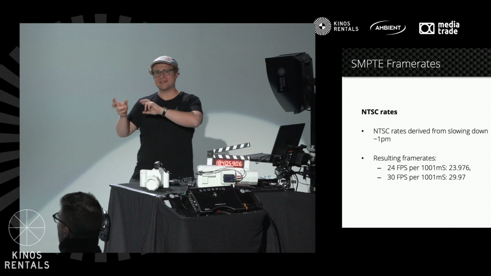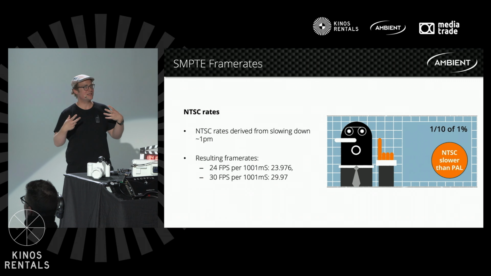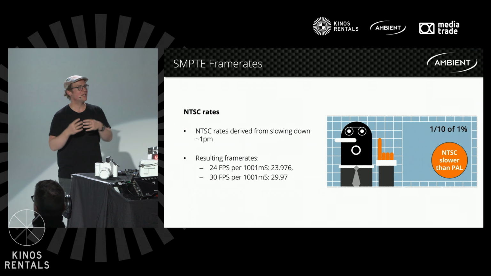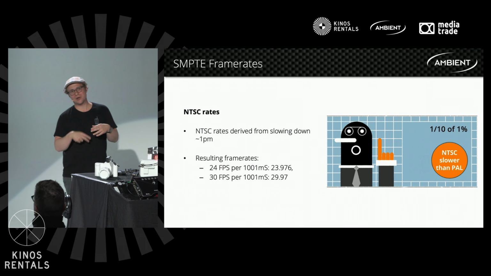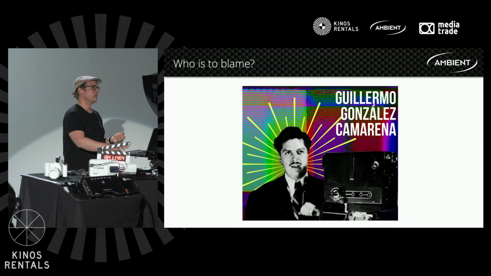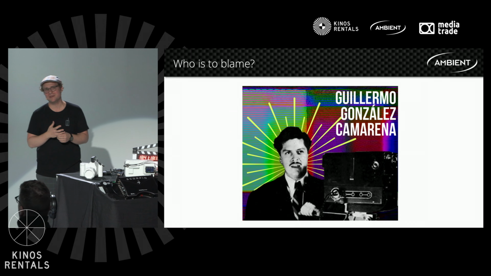Back to this NTSC thing. The NTSC guys also think in 24 and 30 frame rates. However, in our world, it's 23.976 because they are a little bit slower. The reason for that is this guy, Guillermo González Camarena, who invented the color TV back then.